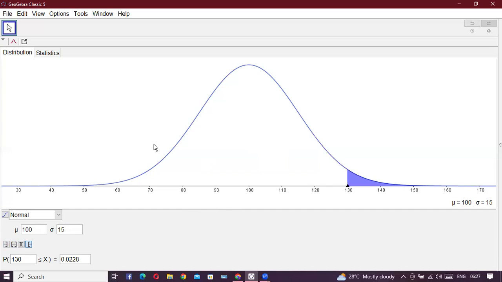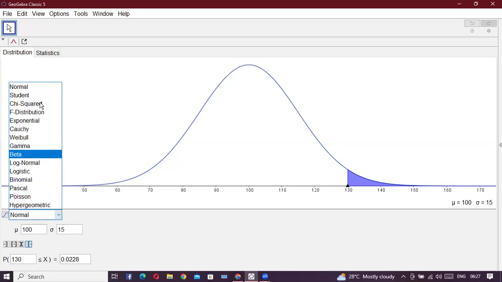All right, we'll come back to the normal distribution, but let's move on to the binomial distribution. With the same probability calculator, at the portion where it says normal, you can click the arrow and you realize there are a lot of distributions GeoGebra can work with: the student t, chi-squared, F distribution, exponential, Cauchy.